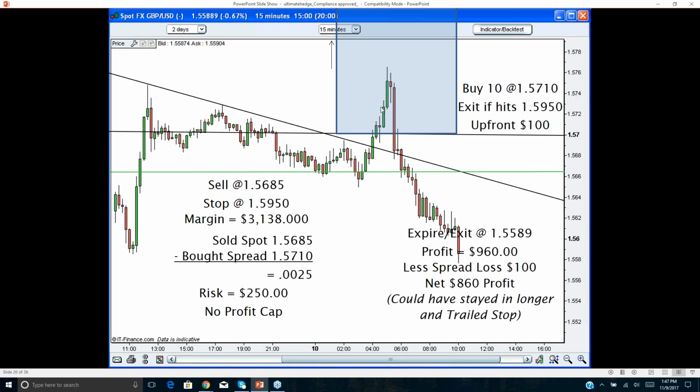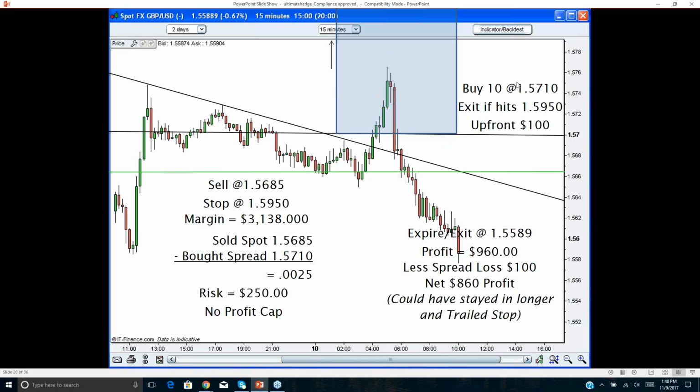And when it gets up into these spreads, whips on against you, you're not that worried about it because you're not losing anything. And then what happens? It comes back down and it does go in your direction and you're in profit. And your spot forex trade would have profited $960.